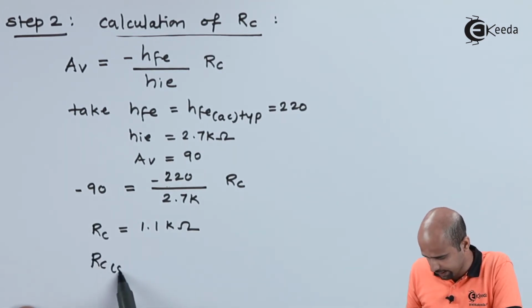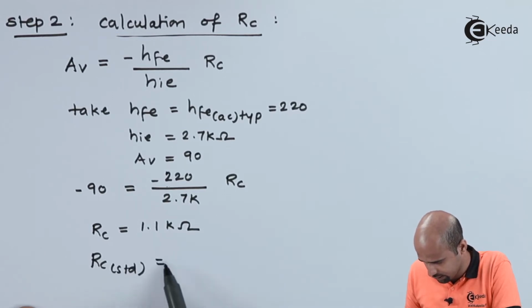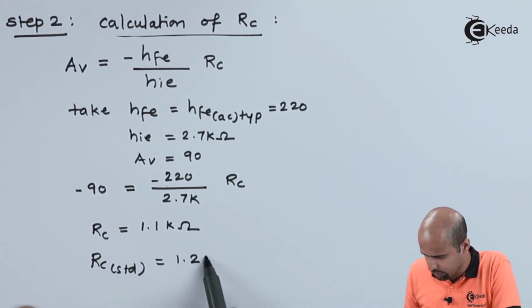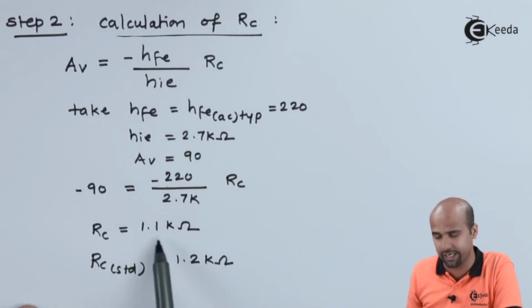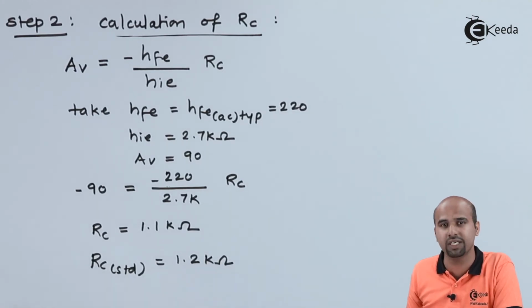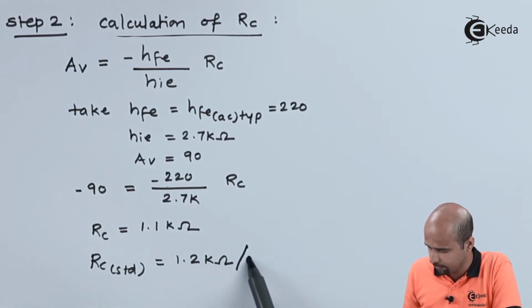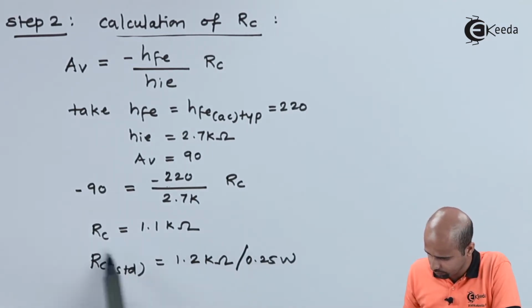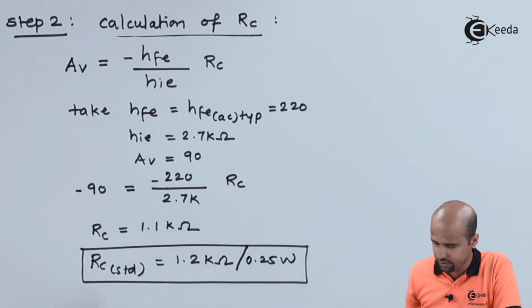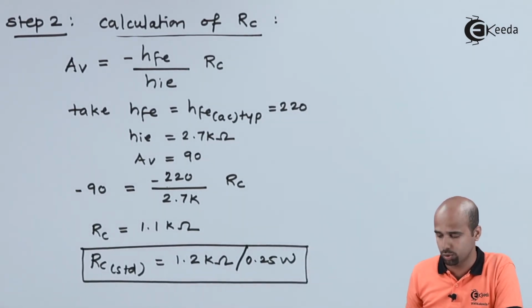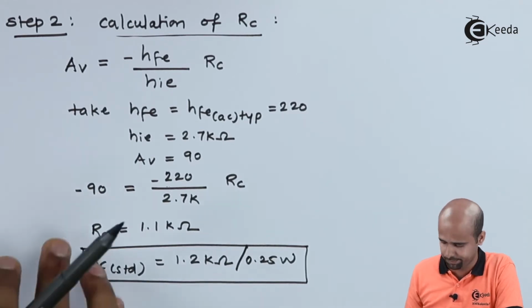So I will take standard RC as 1.2 kilo ohm, not more than 2 kilo ohm, just near to it but on the higher side. In this way we have completed step number 2, calculation of RC.